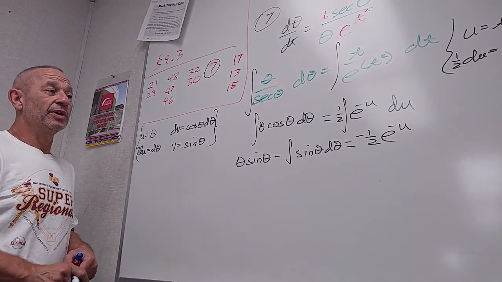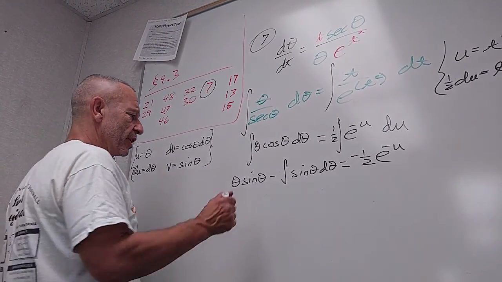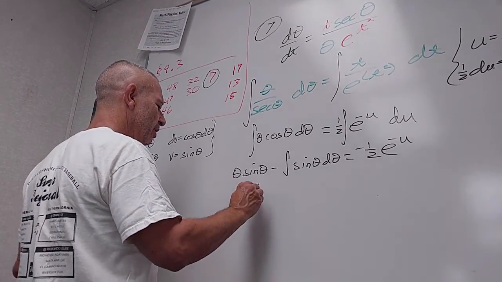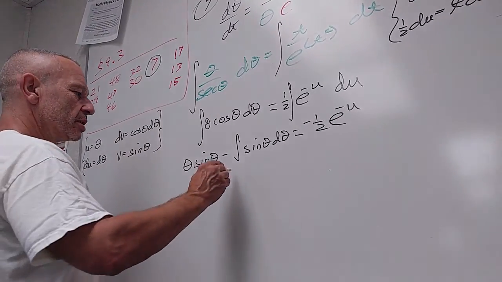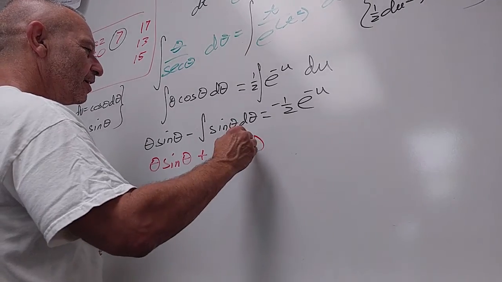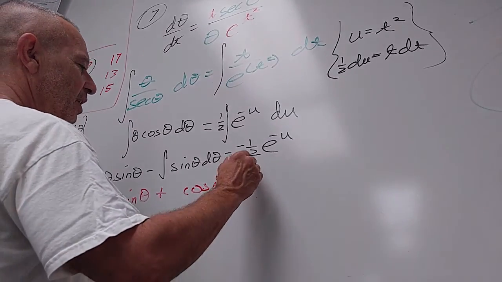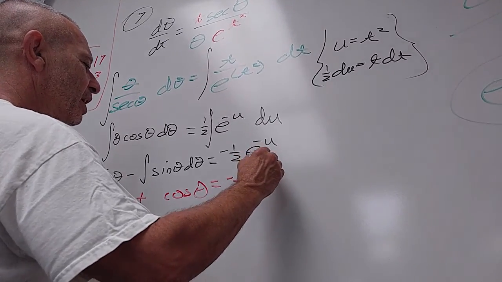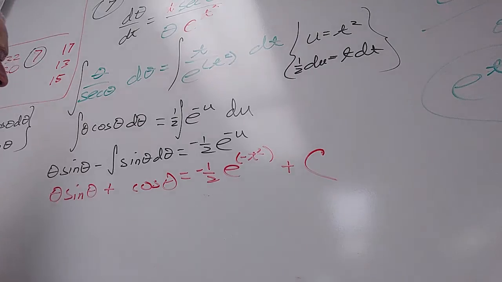We'll just add to the ones that all the others generated. When we integrate this, we get theta sine theta plus cos theta equals minus 1/2 e to the minus t squared plus an arbitrary constant.